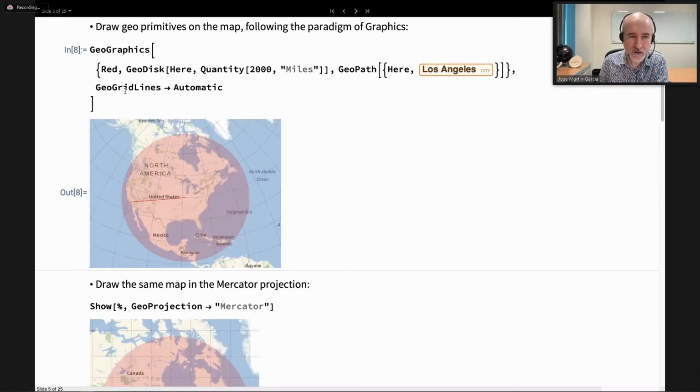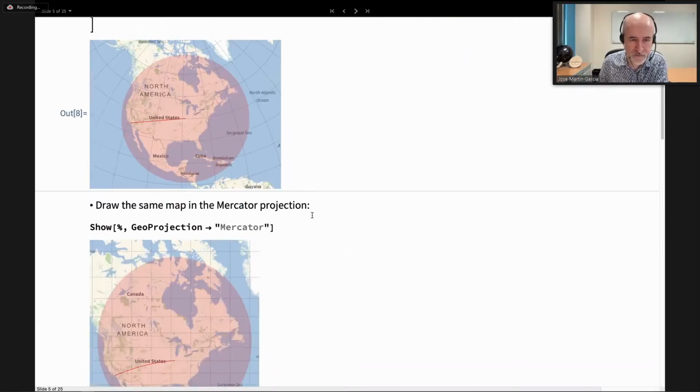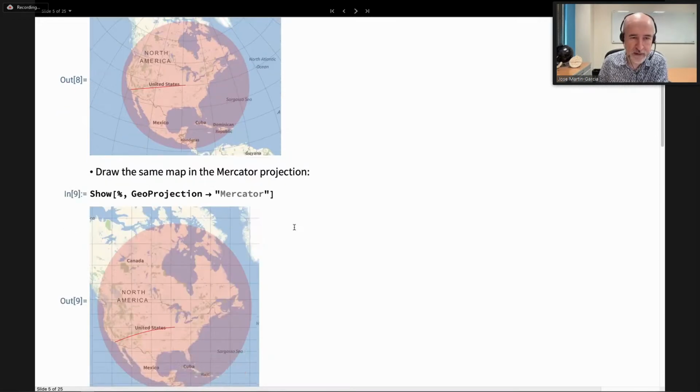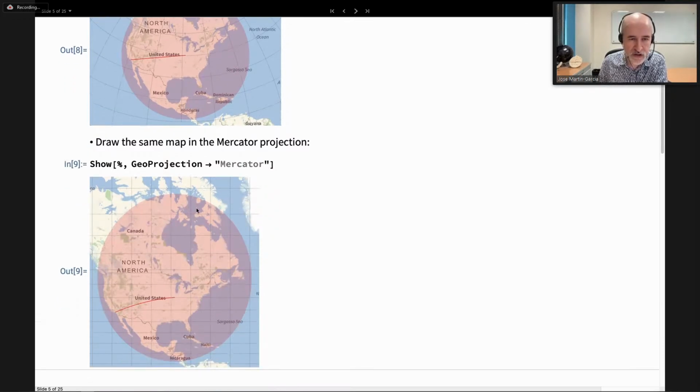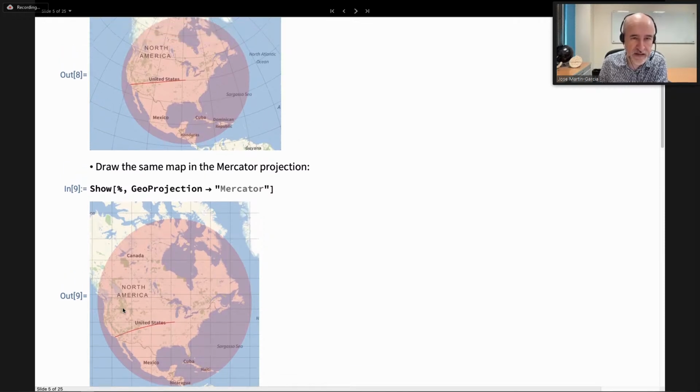Now, this is because GeoGraphics has chosen a nice and appropriate GeoProjection for you. So notice how the parallels and meridians are curved. So if we drew the same map using the standard Mercator projection, which used to be the standard default for web maps, then you would see that indeed the parallels and meridians are rectilinear and cross at right angles, but now the disk doesn't look circular, and the geodesic doesn't look rectilinear, even though it's the very same disk.